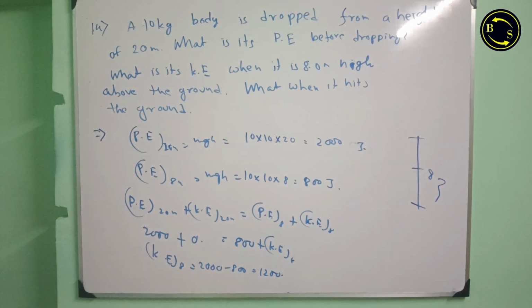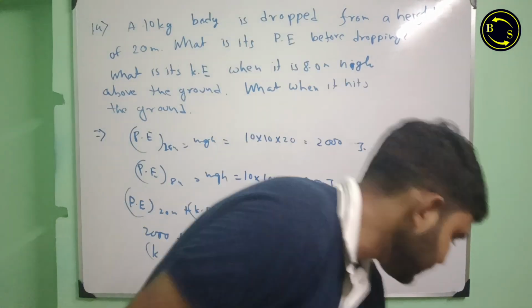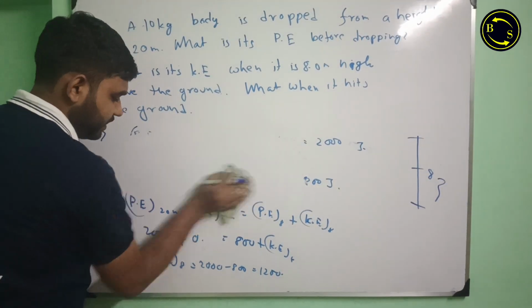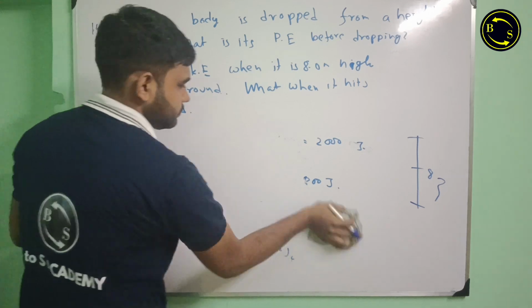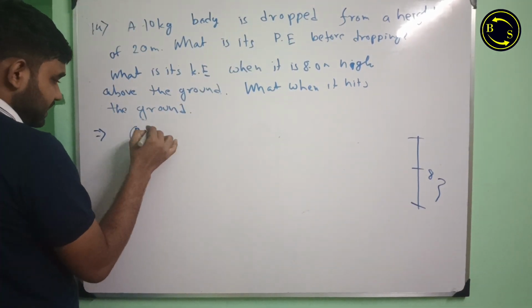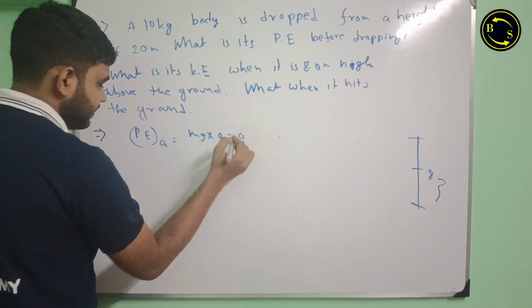Okay. And what is it when it hits the ground? When it hits the ground, then the potential energy is mg into 0, which gives us 0.